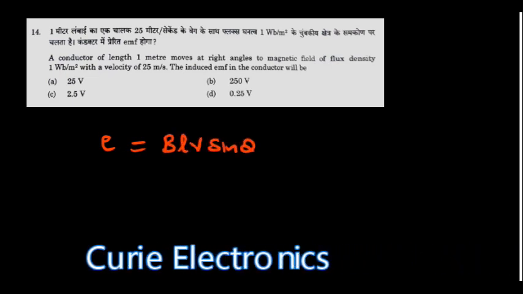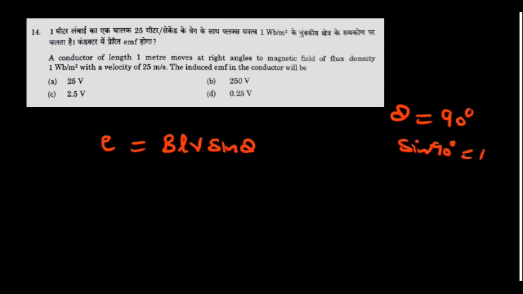Since it says right angles, theta equals 90 degrees, so sine 90 equals 1. B is the flux density, that is 1. L is the length, 1 meter, multiplied by the velocity, 25 meter per second, and sine 90 equals 1. So it is 25 volt.